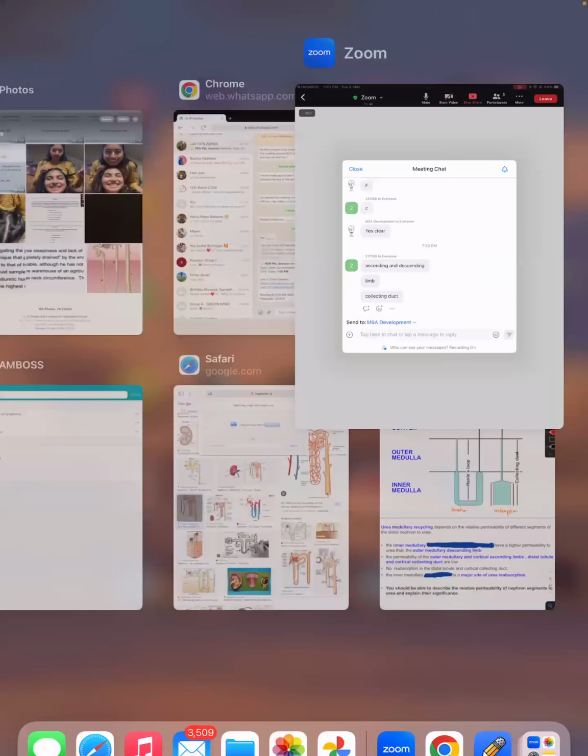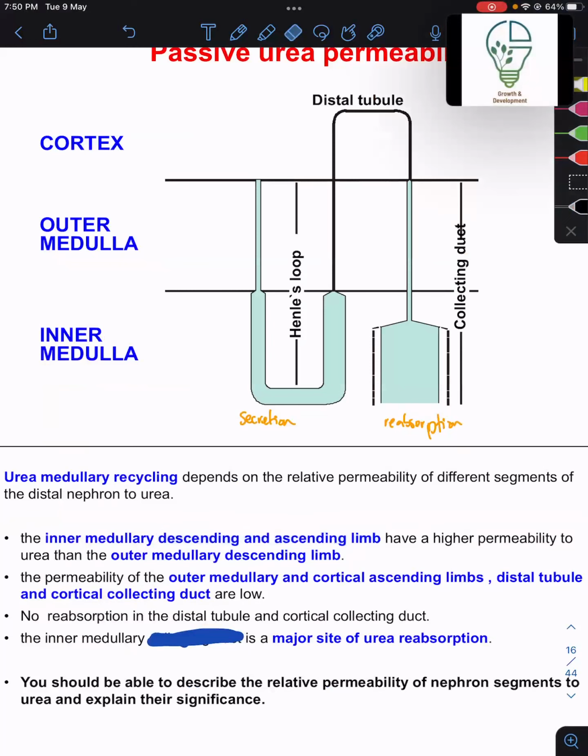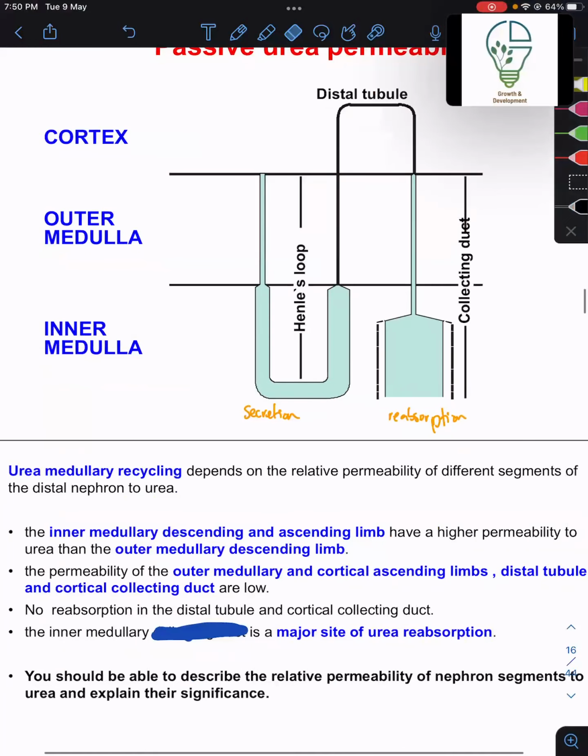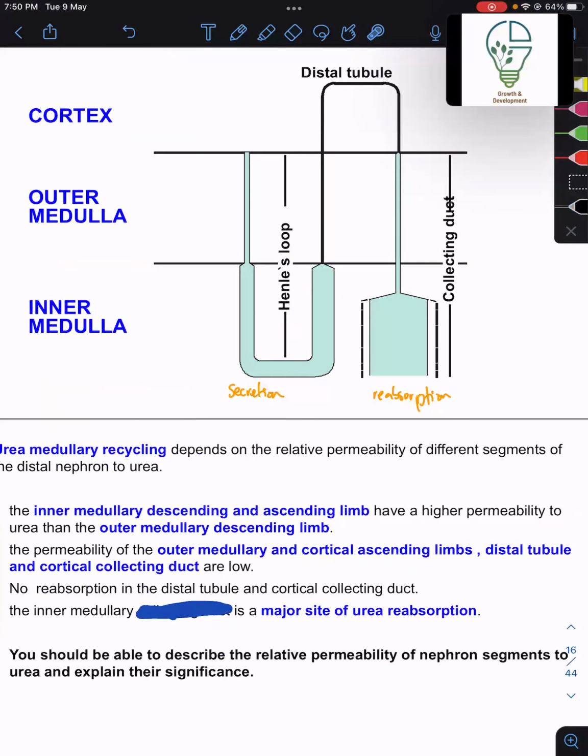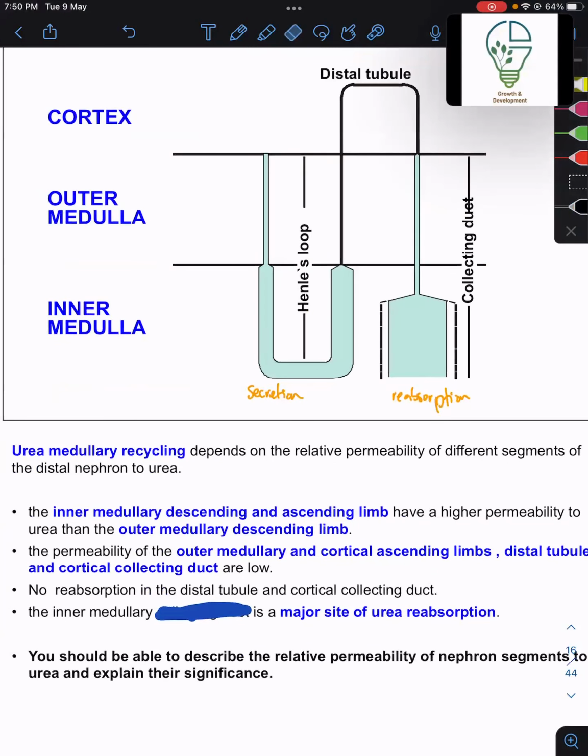Collecting duct, exactly. So descending and ascending limb. This segment right over here is very permeable to urea. Okay, and that also answers the last question, which is that the inner medullary collecting duct, this part right over here, is a major site of urea reabsorption.